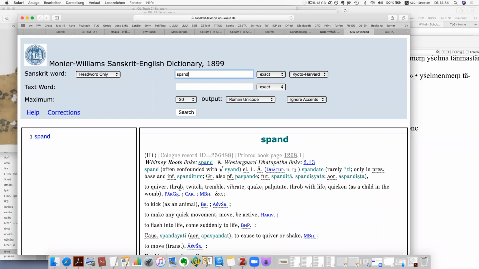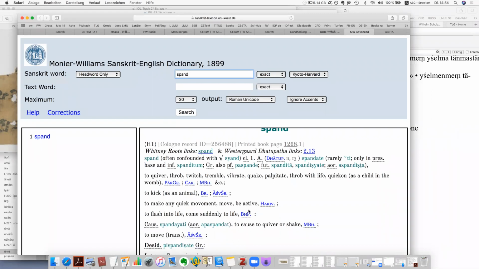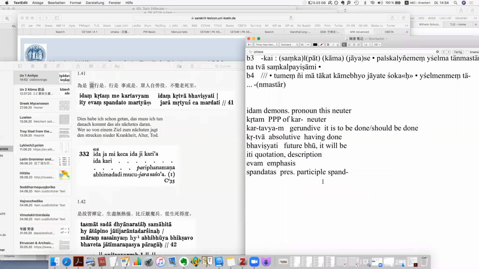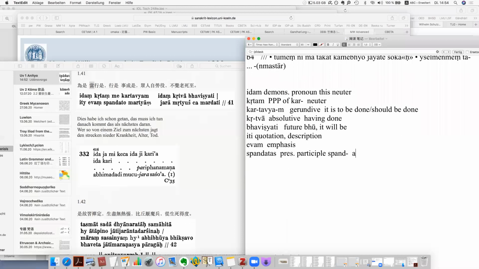So the meaning is like this, quiver. And this is a participle, right? And it is accusative plural. And it is a description of martium.